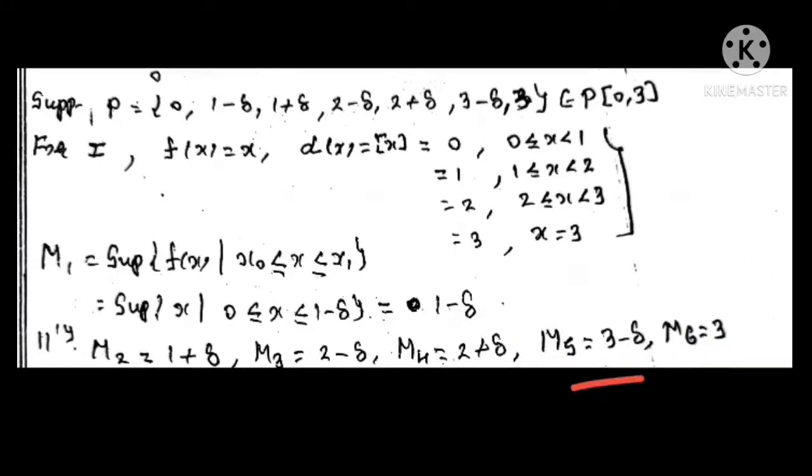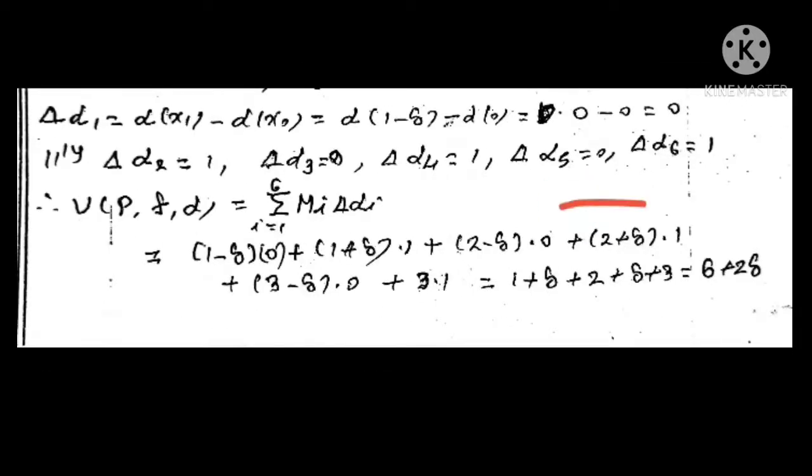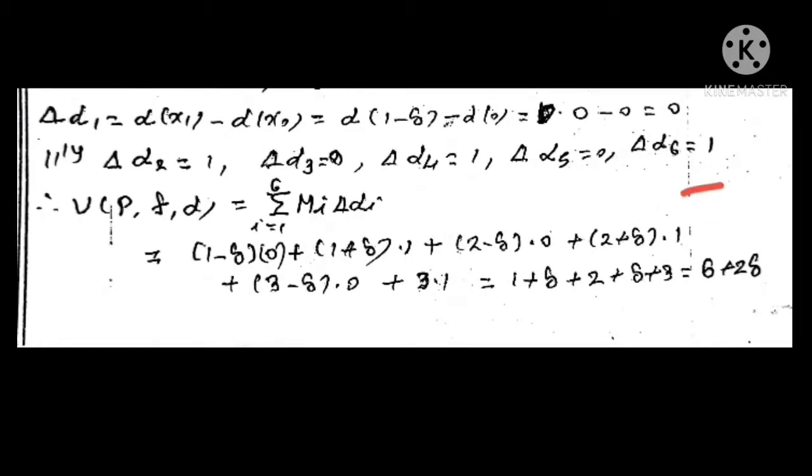So m5 is equal to 3 minus delta and delta alpha 5 is equal to 0, plus m6 delta alpha 6. So m6 is equal to 3 and delta alpha 6 is equal to 1, which is equal to 1 plus delta plus 2 plus delta plus 3, which is equal to 6 plus 2 delta.